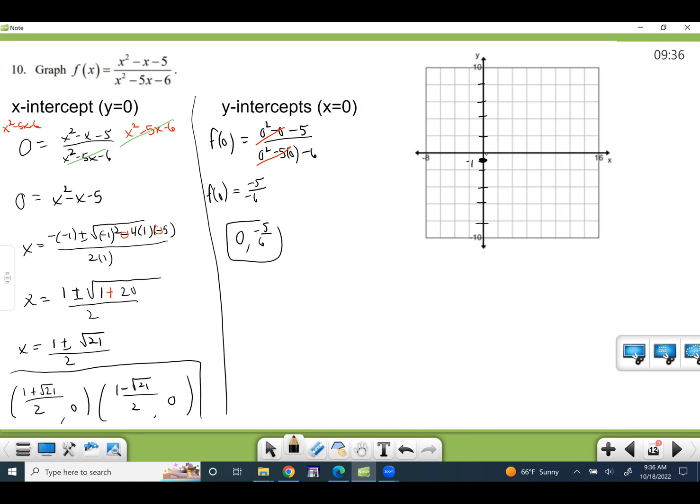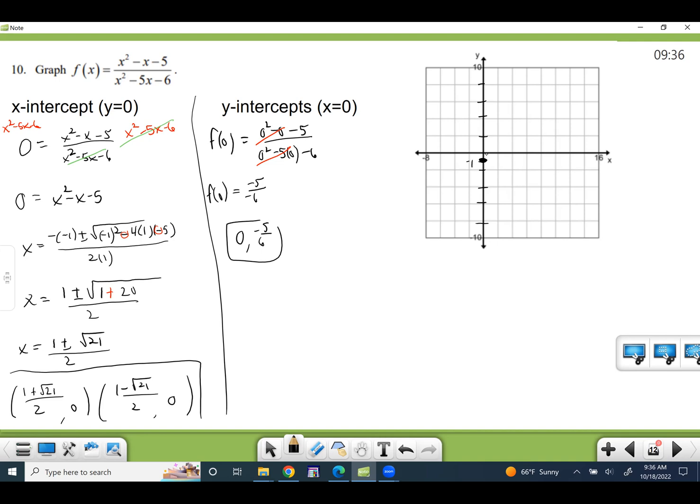All right, and then the other ones, I would need to get my calculator out. Let's see if I have a calculator. I don't. Oh my goodness. Let's see. All right, let's see if this one will do it. Okay, so the square root of 21 plus 1, and 1 divided by 2.